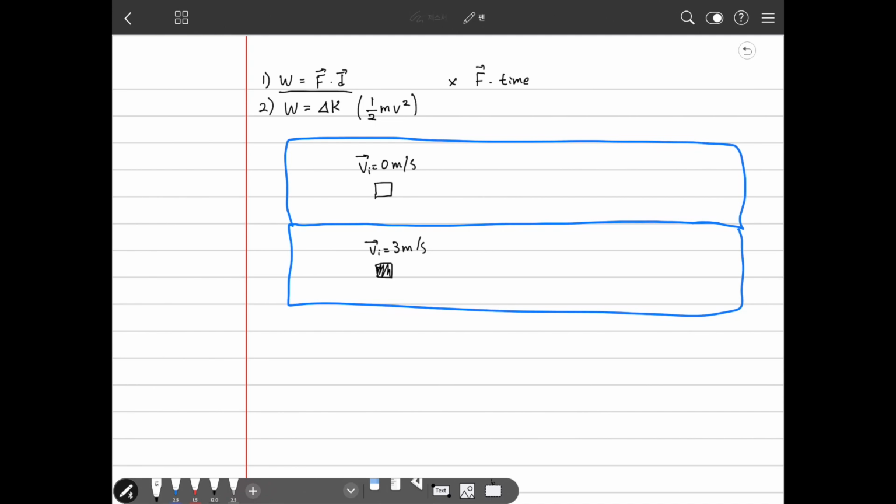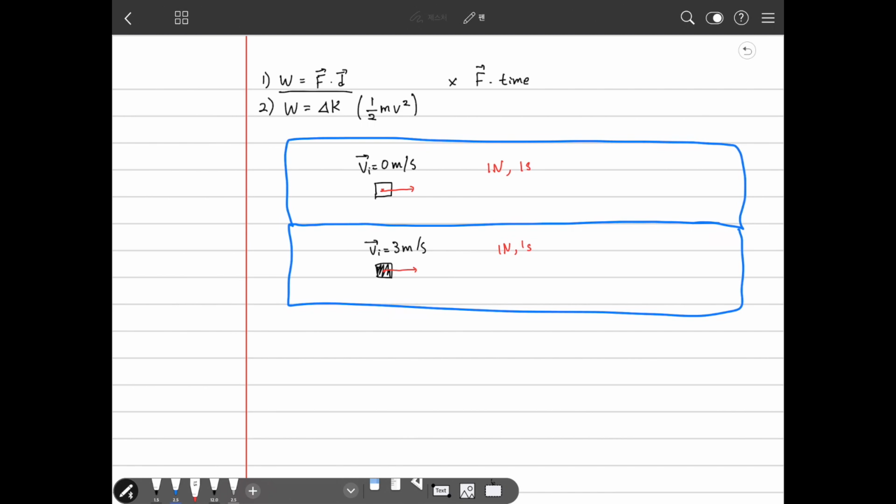So let's say you applied a force to these two blocks and you apply the same force. The force that you apply, I'm gonna show in red. The force that you apply will be 1 Newton, and you apply this for 1 second for both.